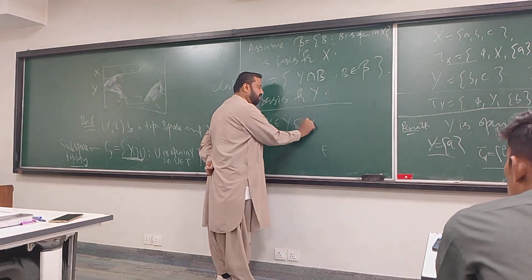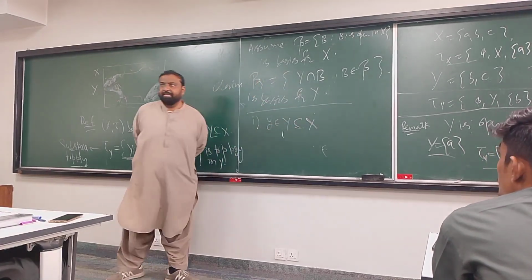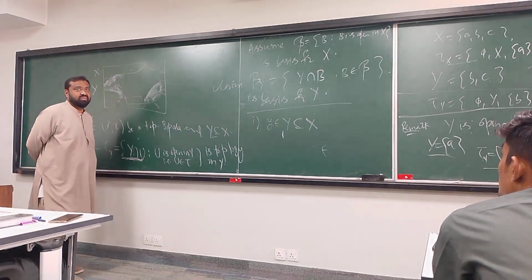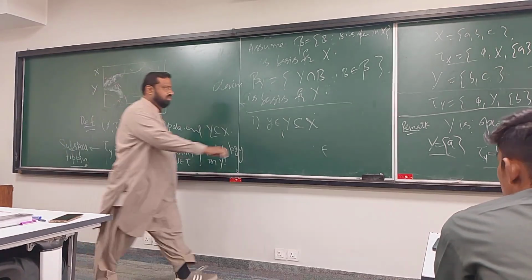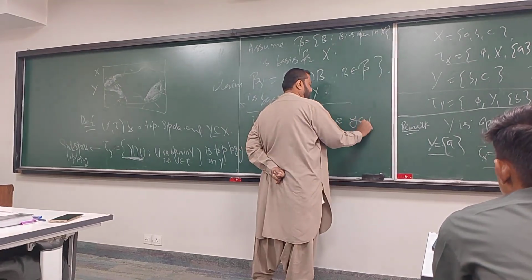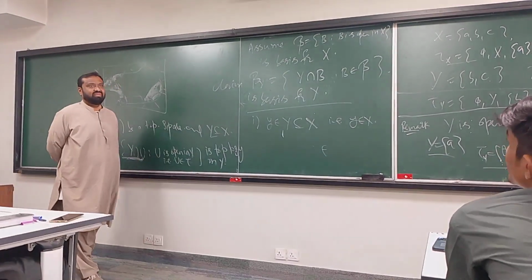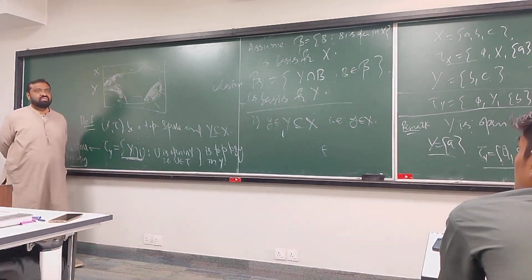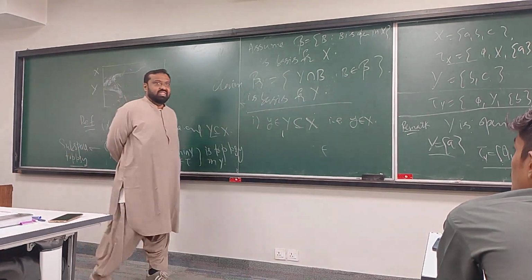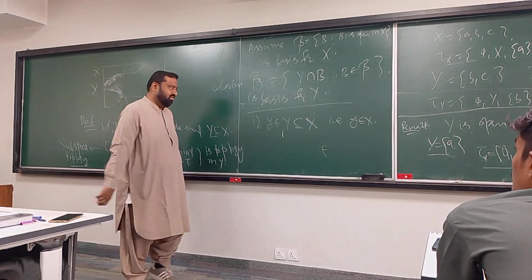Since Y is a subset of X, y is also in X. Good. So this means that y is inside X. Every element of X lies in some basis element, an open set, so for every point in X we can find a basis element. Good, good, good.